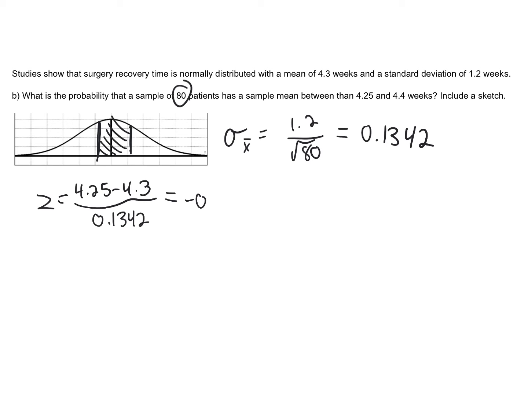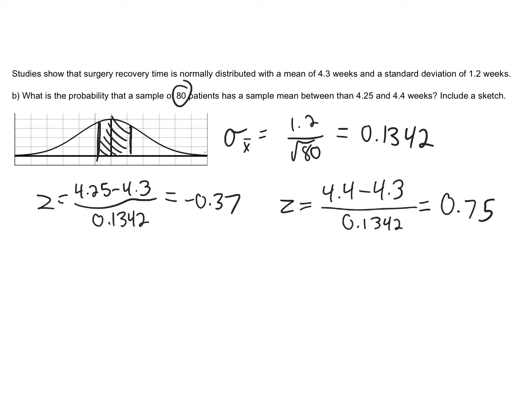Now we can use that to calculate two z's, one for 4.25, which is negative 0.37, and a second z for the 4.4, which is 0.75.